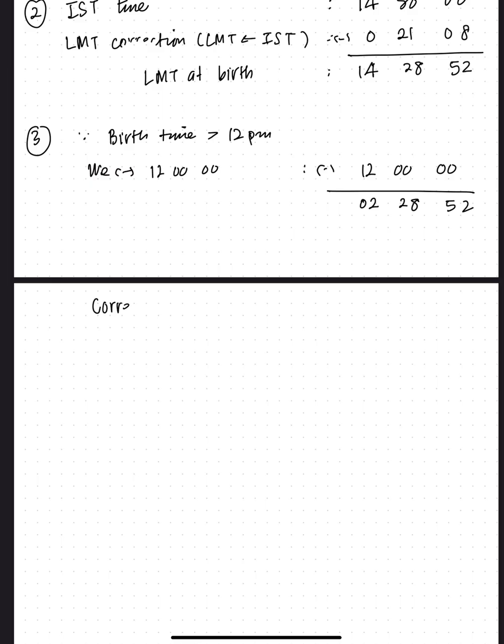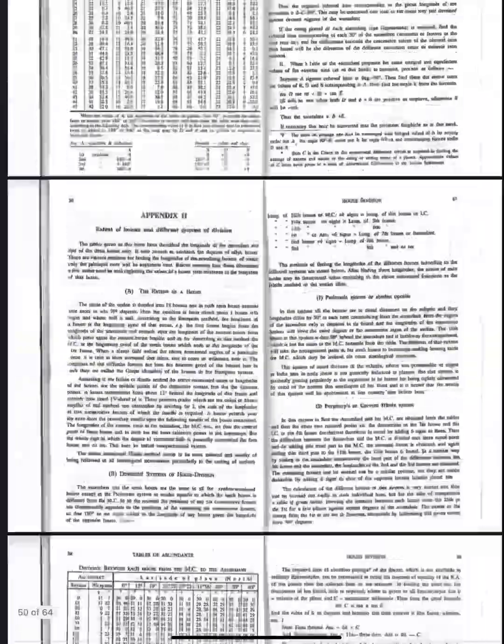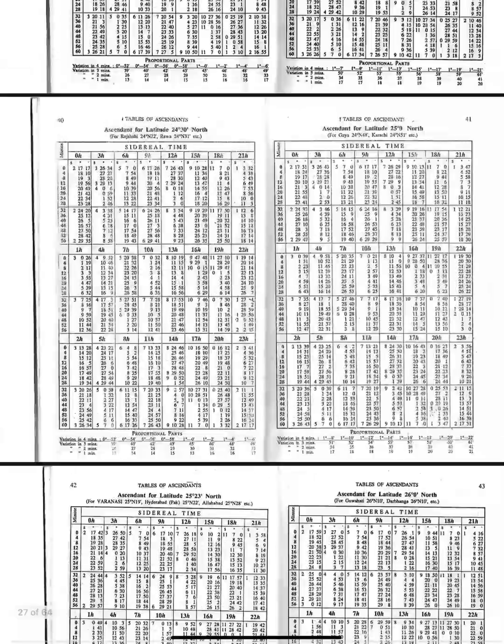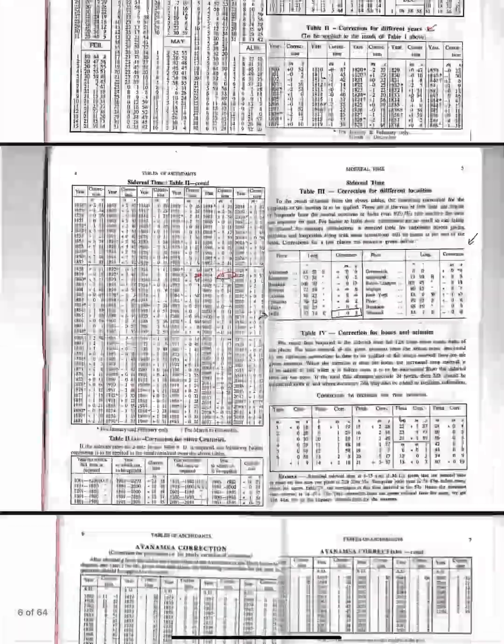Again, now we'll have to correct for the time interval. It is part of the process to find the ascendant. So look at the time here. It's 2 hours, 28 minutes, 52 seconds. We'll go to the table of ascendants, go all the way up. It is quite an exercise.